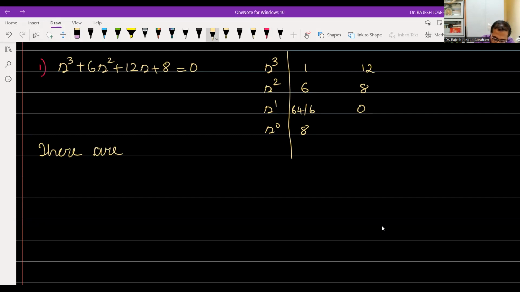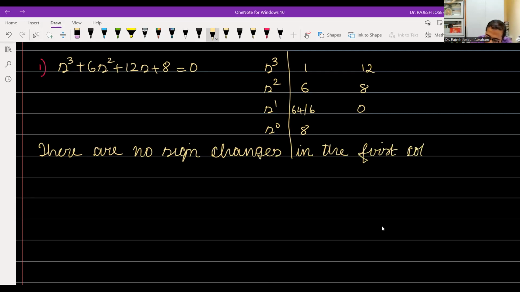There are no sign changes in the first column of the Routh array. Hence, the closed loop system is stable.